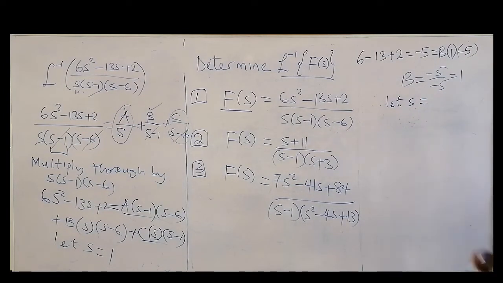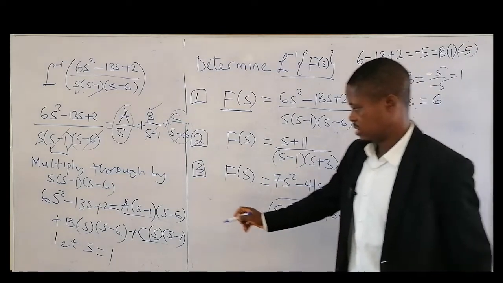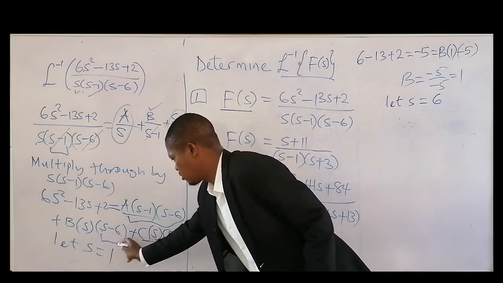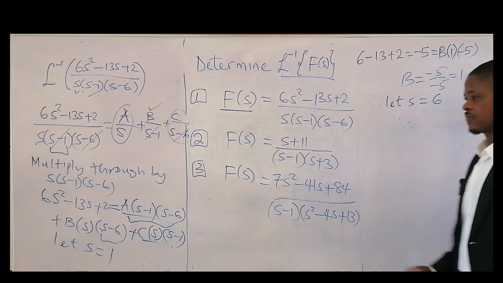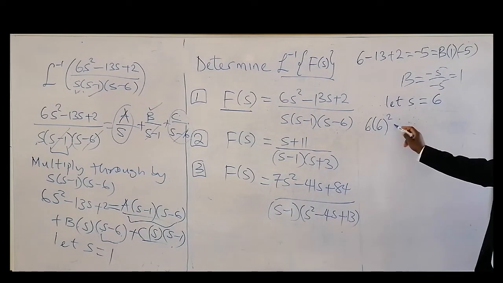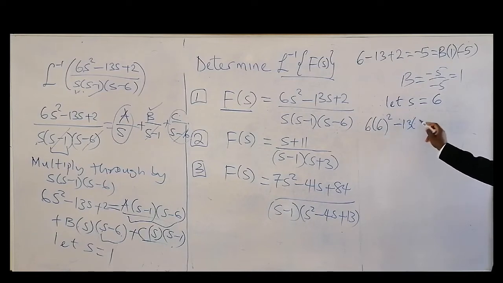The next thing to do, let x be equal to 6. If it's equal to 6, this expression will cancel and this expression also will cancel. Then we can get c. So we have this times this, then minus 13 times 6, then plus 2.